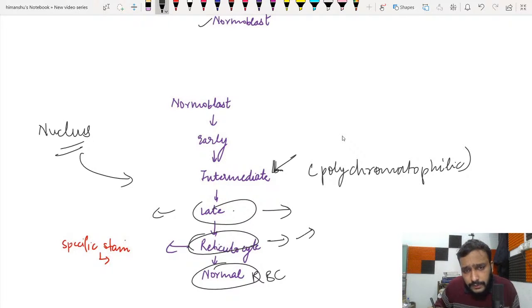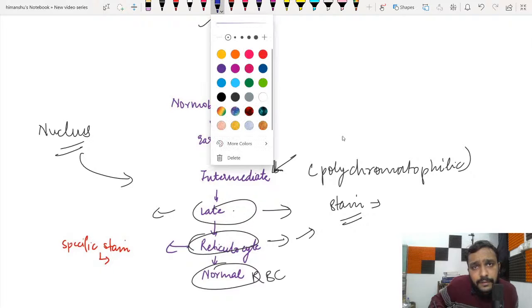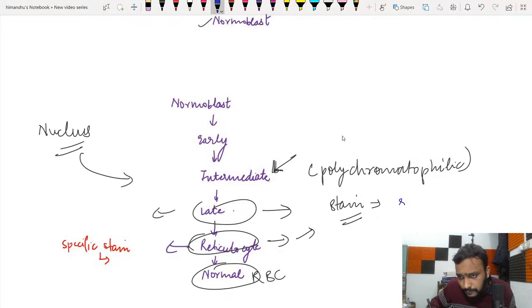I also want to tell you about this reticulocyte. What is the specific stain used for reticulocyte staining? The stain is supravital stain.